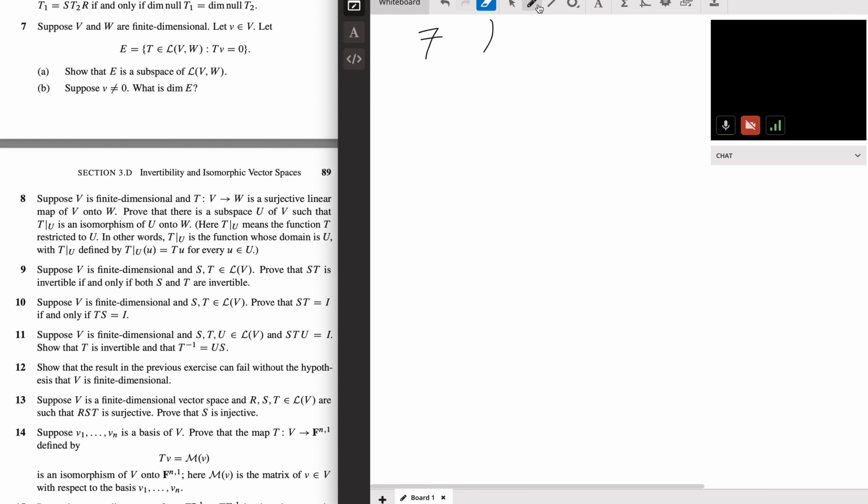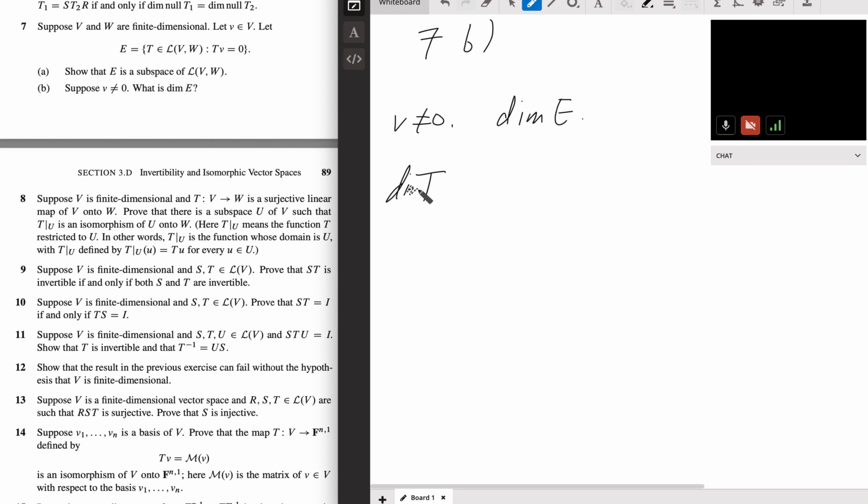I think. And then going on to the next one, suppose V is not 0, then what is the dimension of E? This I thought about, and once it occurred to me, it became pretty obvious, but before that, it was a bit weird.